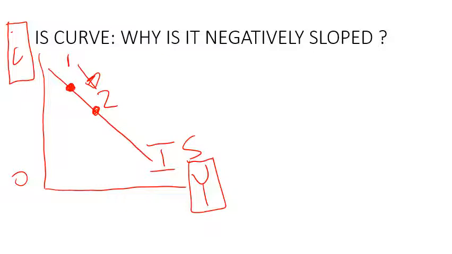So let's see. Why is the IS curve negatively sloped? Because if the interest rate decreases, if we move from point 1 to point 2 on the IS curve, well, what happens?